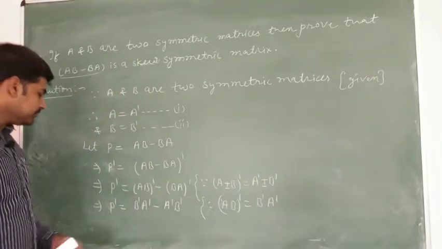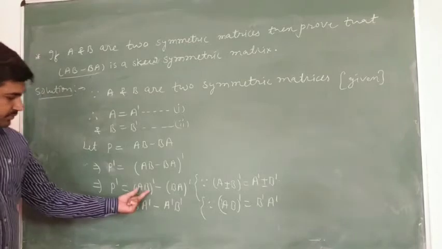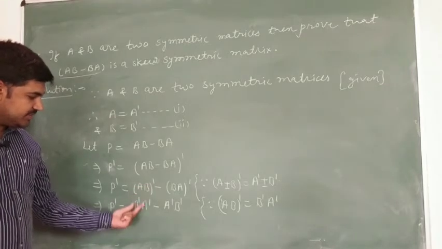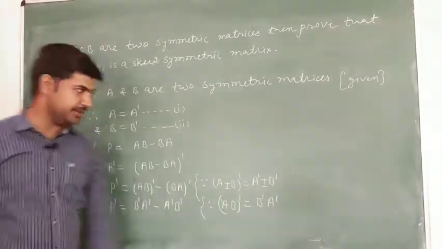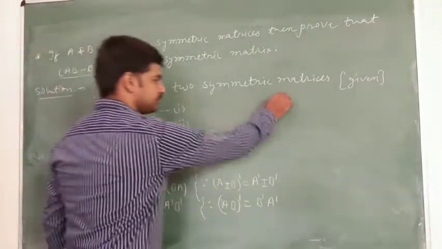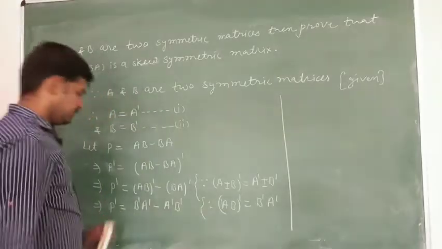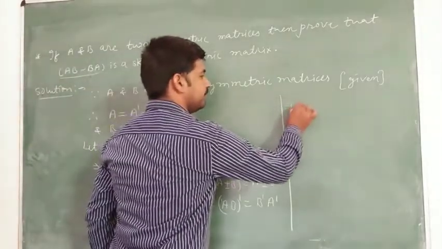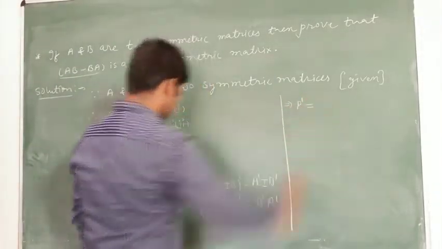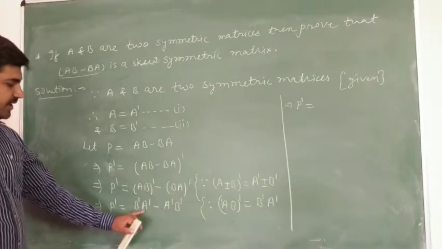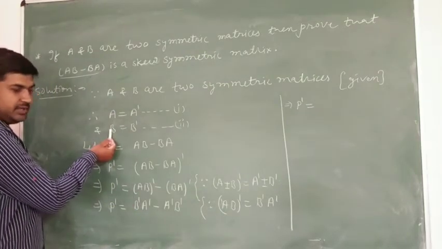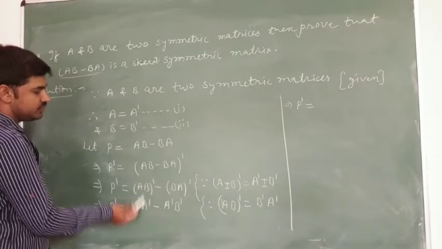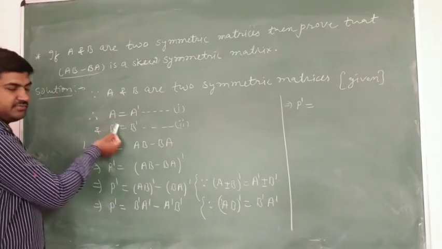Now transpose of P is equal to transpose of B times transpose of A. In place of transpose of B we can write B, and in place of transpose of A we can write A from equation number first and second.